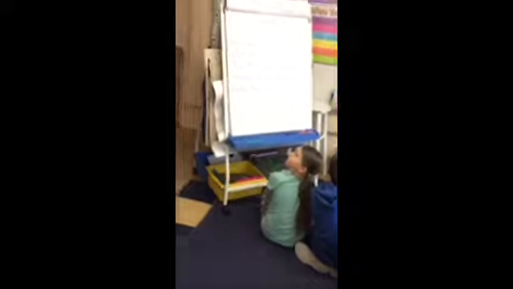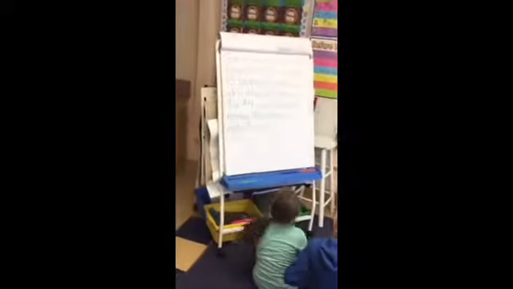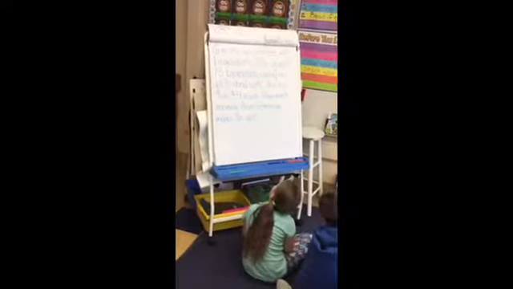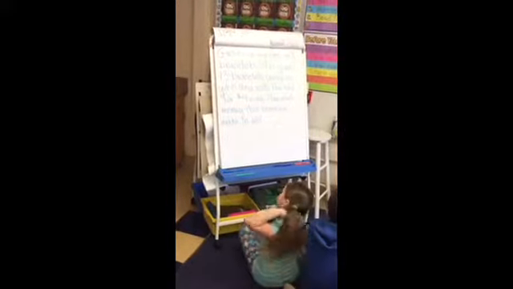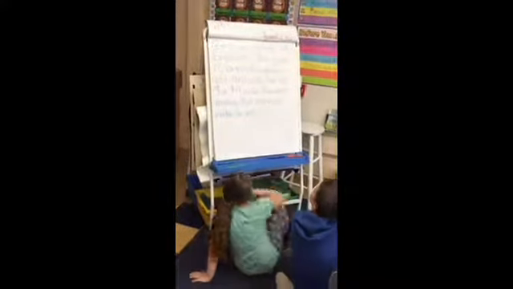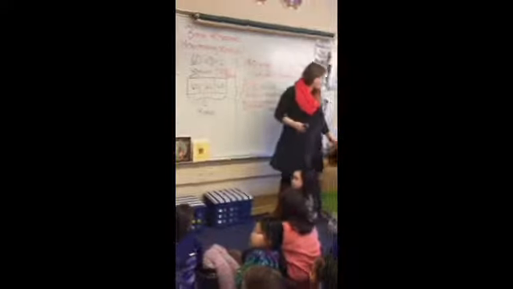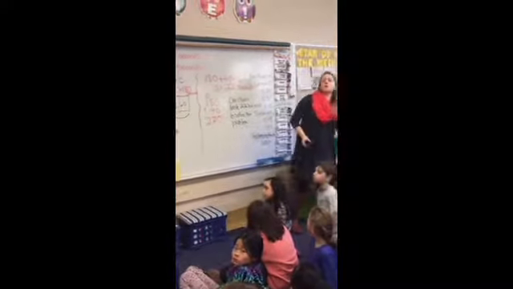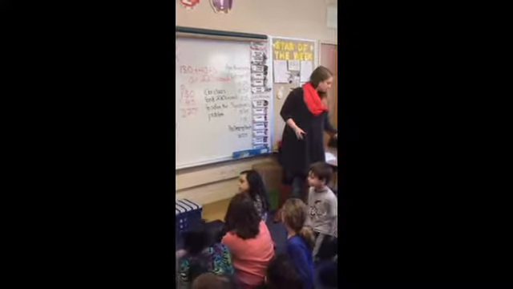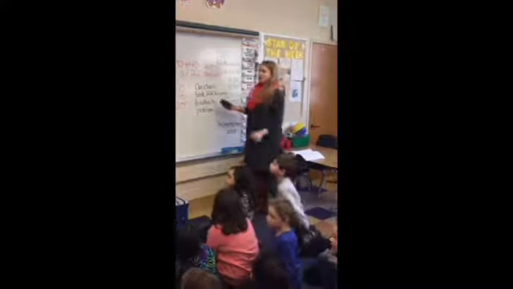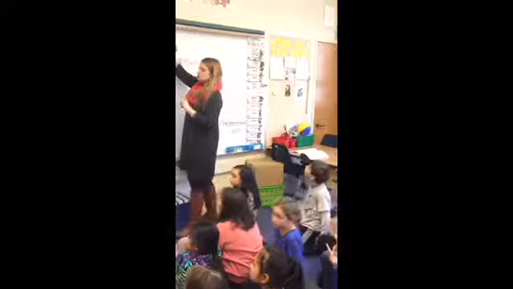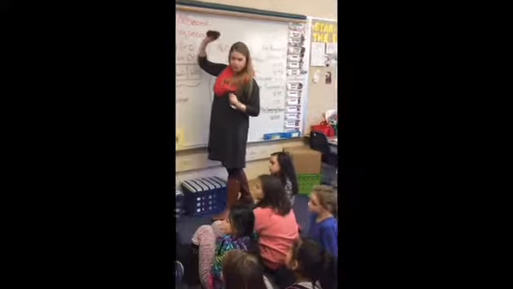So it says Genevieve, that's how you say that name. Genevieve makes 43 bracelets. She gives 13 bracelets away as gifts and sells the rest for $4 each. How much money does Genevieve make in all? Ryan, go ahead up and circle and underline what we need to do for that word problem.